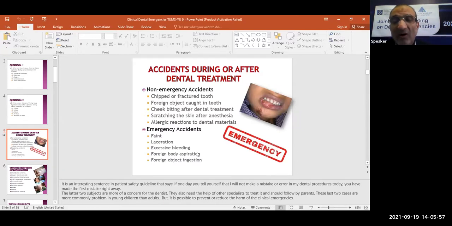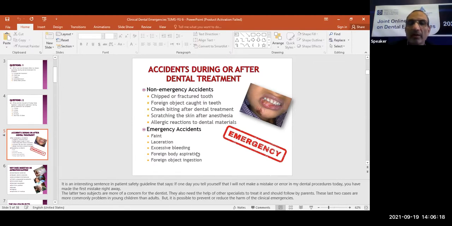And the rate of this problem is very, very low. For example, around four complications of these two problems among 100,000 patients.